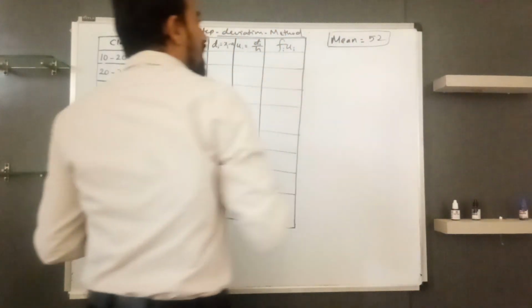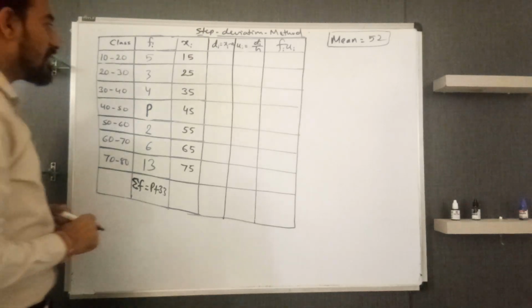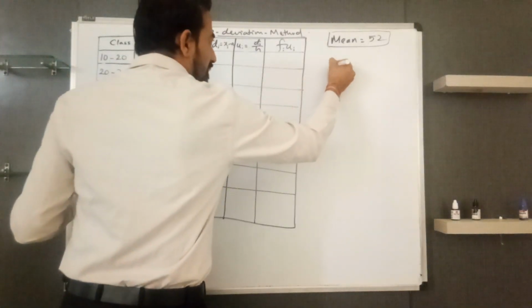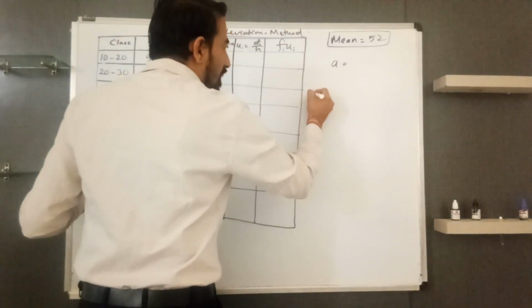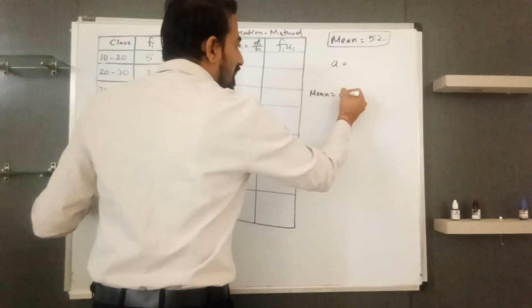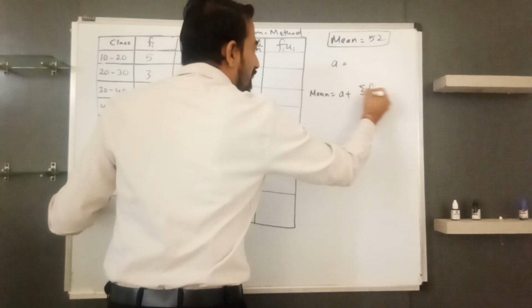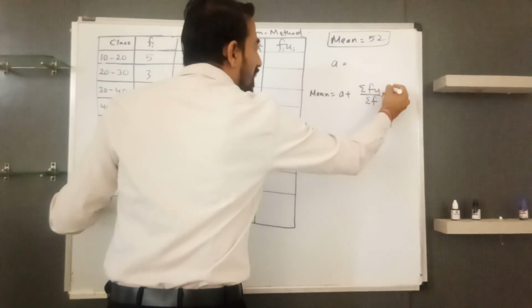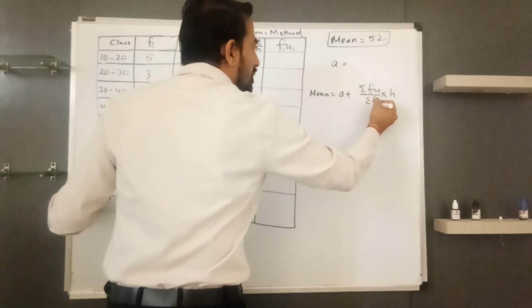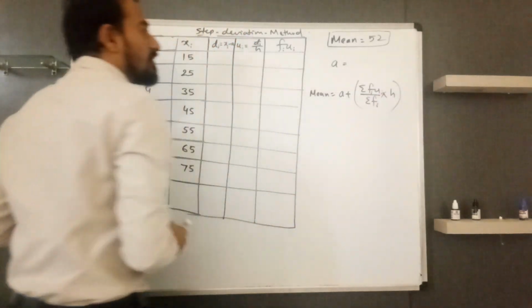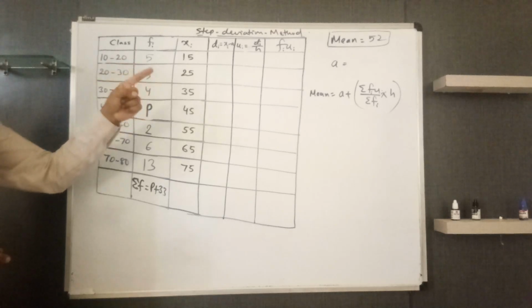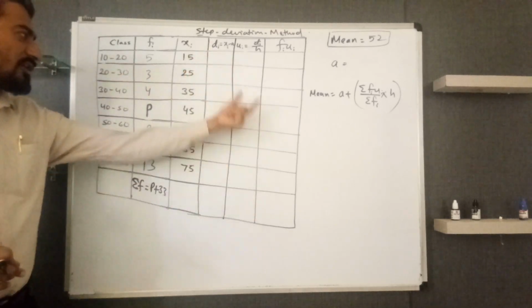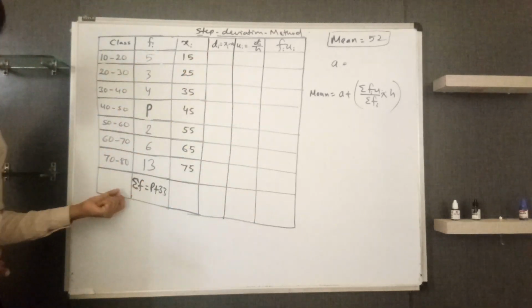What? 50. So here we need assumed mean a for the formula. What is the formula to find mean? If we follow step deviation method, a plus sigma fu by sigma f times h. By following this formula we can find mean. So here we need A, we need H, we need Fu, sigma Fu, and we need sigma F.